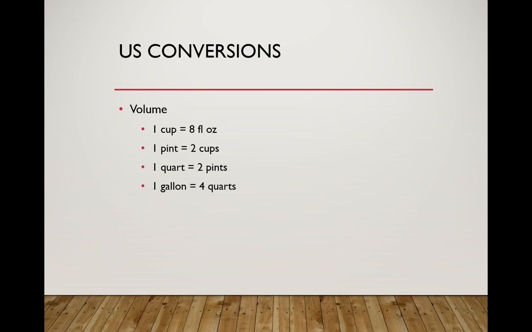So volume's a little better. At least we're dealing with, I don't know, even numbers, factors of 8. Anyway, so moving on. Weight, 1 pound is 16 ounces. But please don't confuse them with the volume ounces. And 1 ton equals 2,000 pounds. Again, very arbitrary number.